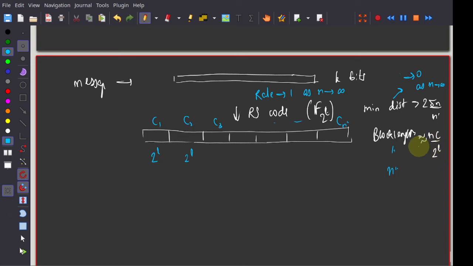So ultimately, I want to make sure that K is equal to n times C, where C is the capacity of the DMC.